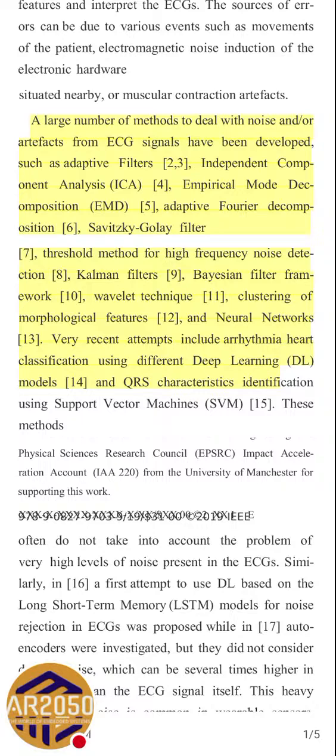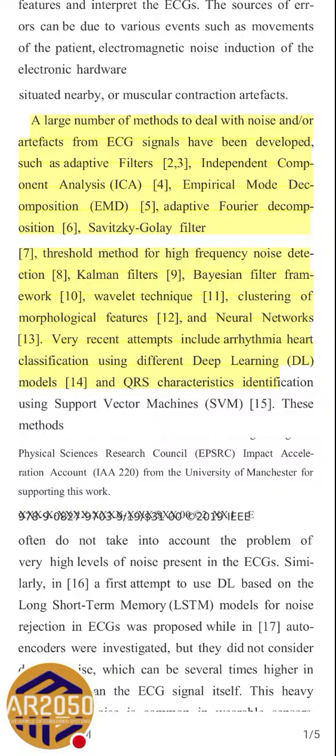The next thing is the threshold method for high frequency noise detection. Obviously, it is the simplest and most common technique: set a threshold value and neglect everything beyond that threshold value. Then the Kalman filters.